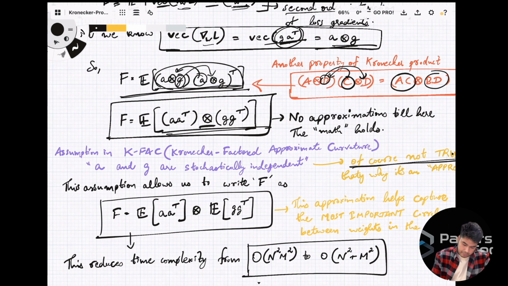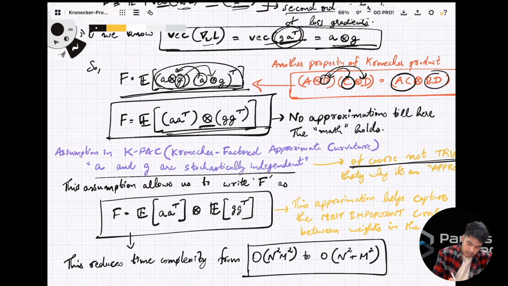Obviously, we are going to assume that A and G are stochastically independent from each other. That means the input that is coming in, that can be from a previous layer, or that can be the input itself. So if it's coming from a previous layer, it's probably an activation output, right? And the gradient of the layer we are talking about, are stochastically independent. This is the only assumption we make.